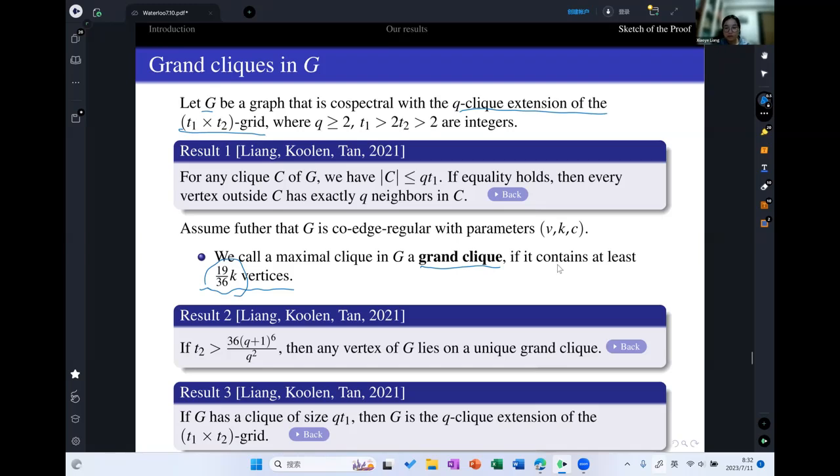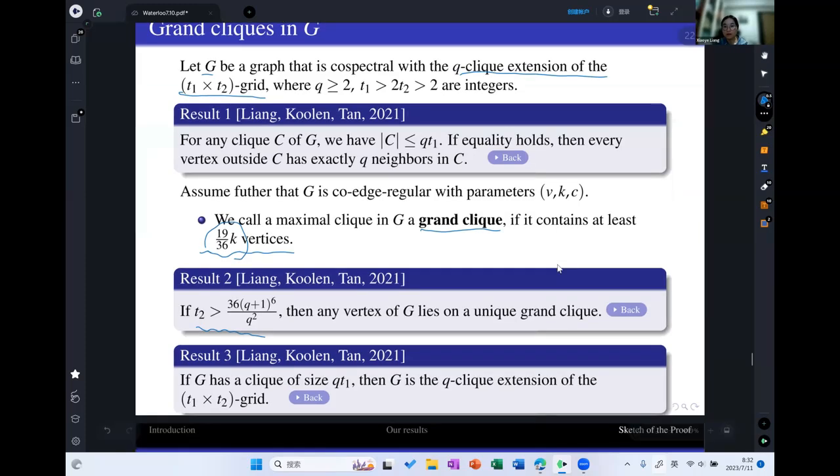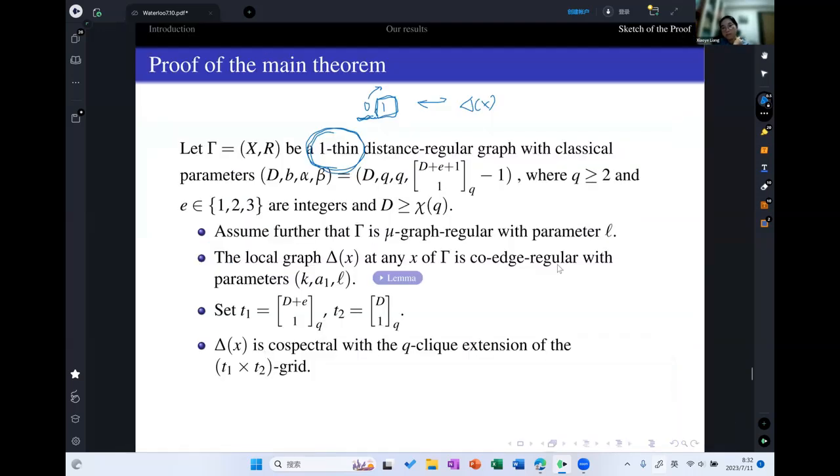And if T2, the first grid T2, is greater than this number, then we can see any vertex of G lies in a unique grid click. And from these three results, we can prove our main result. Main result. Okay.